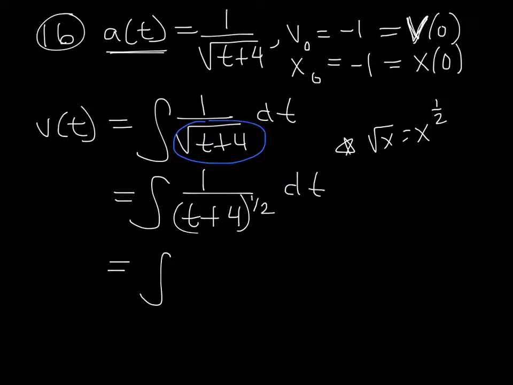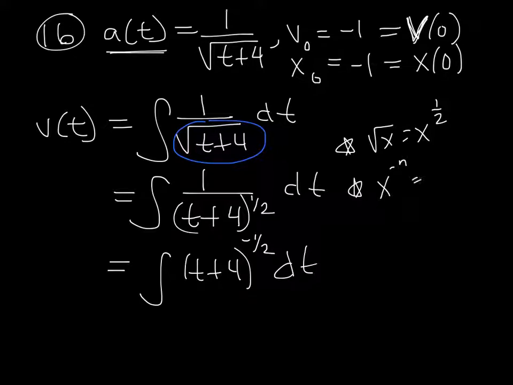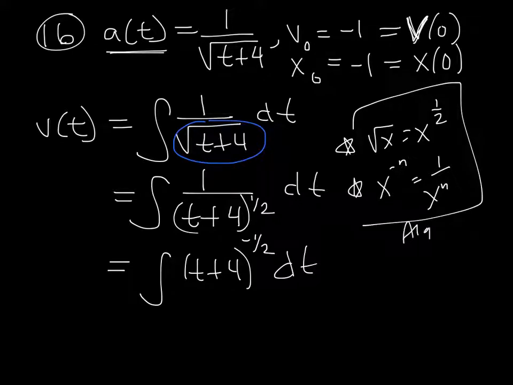The integral of t plus 4 all to the 1/2, another law of exponent rule, so 1 over x to the n is x to the negative n. These are just some algebraic properties that I used. So we are ready to integrate.